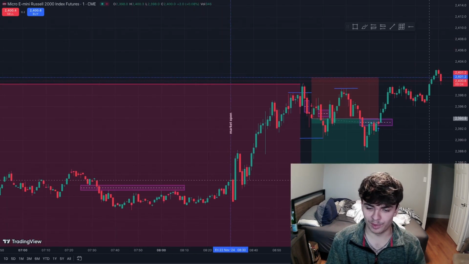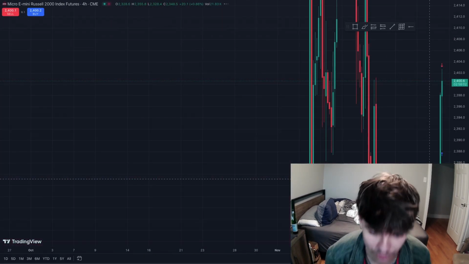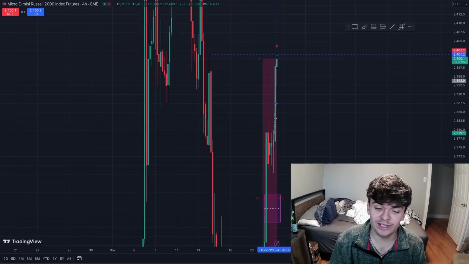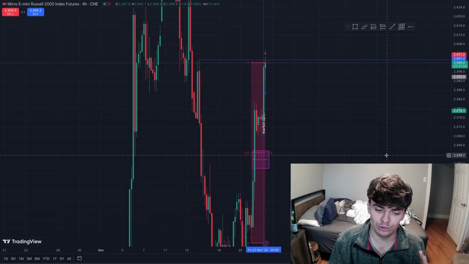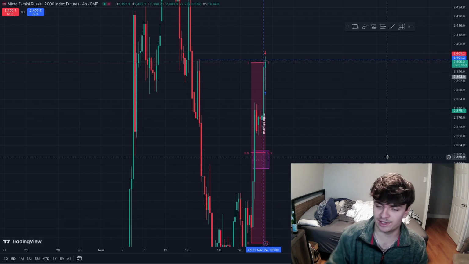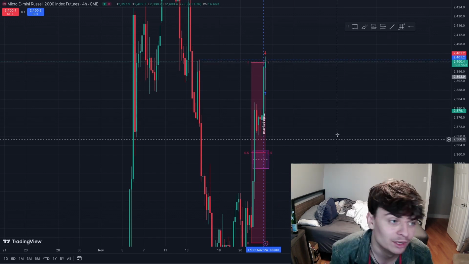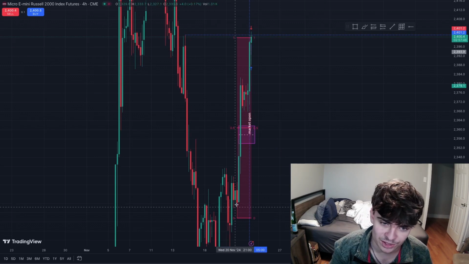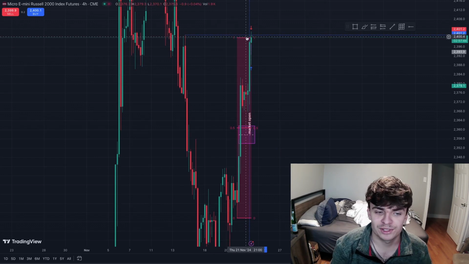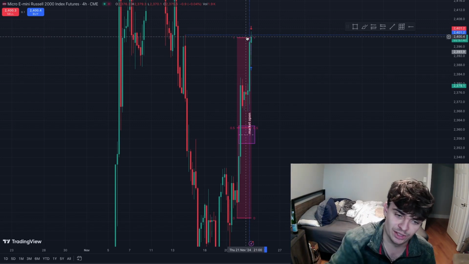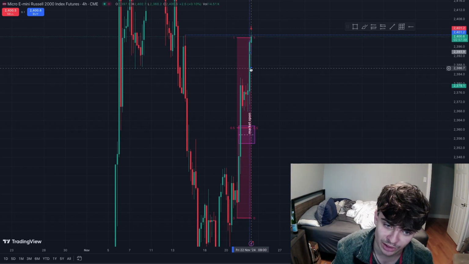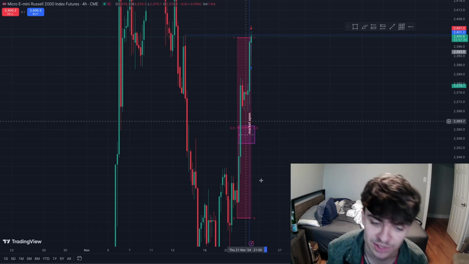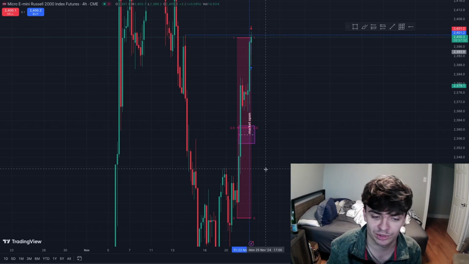Regardless, I want to show you what my bias was first before we get into this. So quickly, let me hover over to the 4 hour. We had this giant move up on Russell, which if you go to the NQ or the ES, we did not have this exact same giant up leg like we did on Russell. If I wanted a continuation to go long, we would want to see price get to a point like here, and then retrace back into this fair value gap, this imbalance over here, right around this 50% mark on the equilibrium.